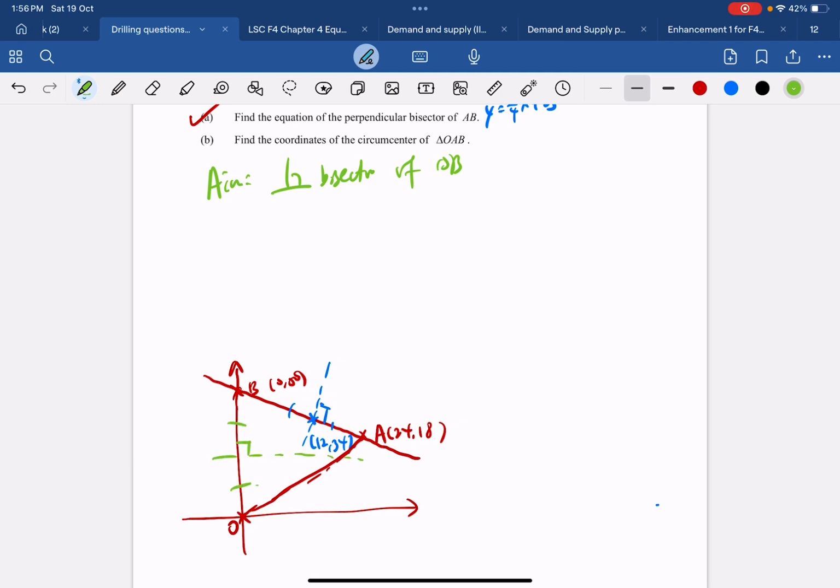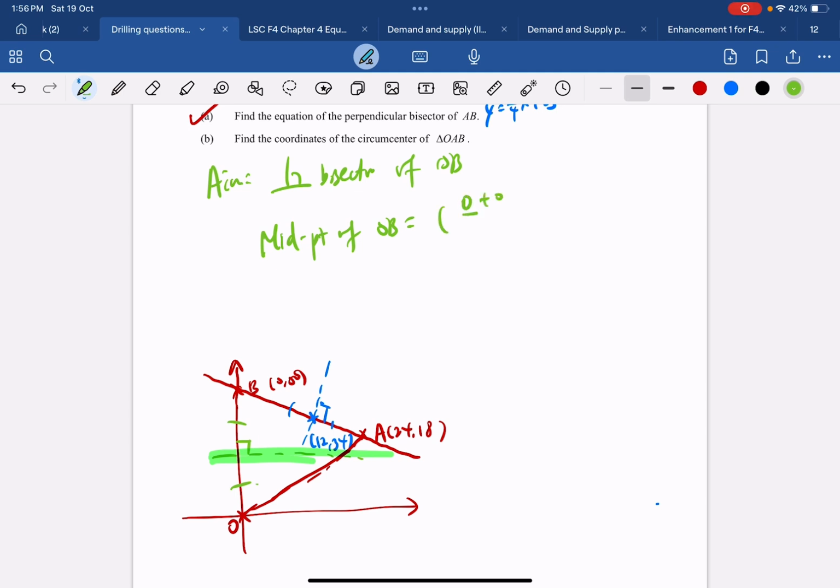Okay, so this will be the perpendicular bisector. This line, the highlighted line. So again, let's find the midpoint of OB first. The midpoint of OB would be 0 and then 25.